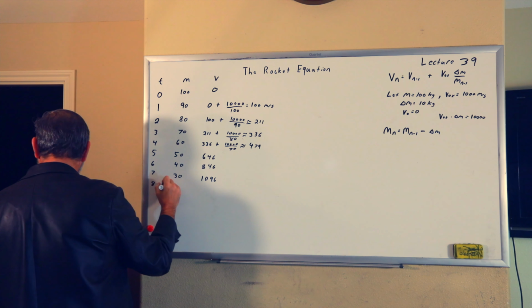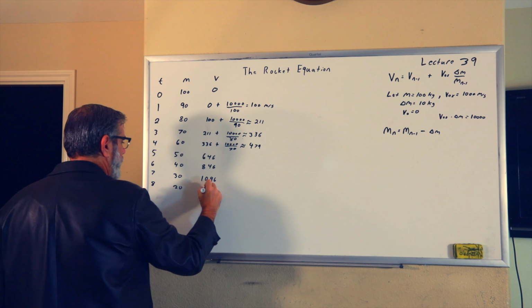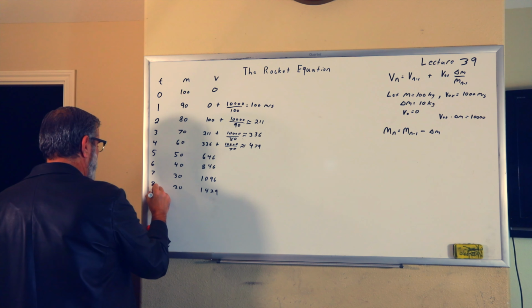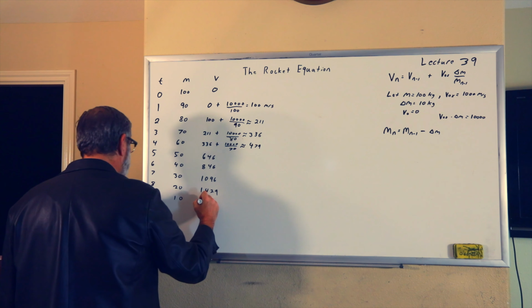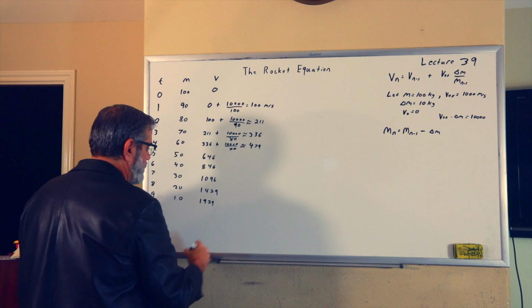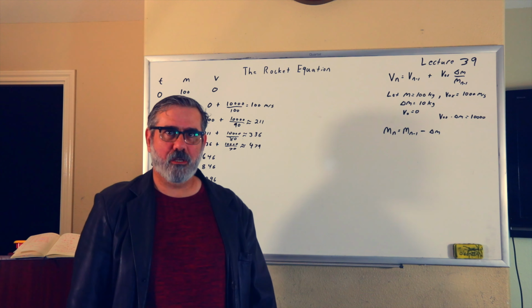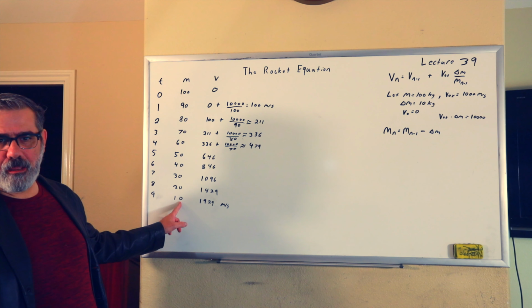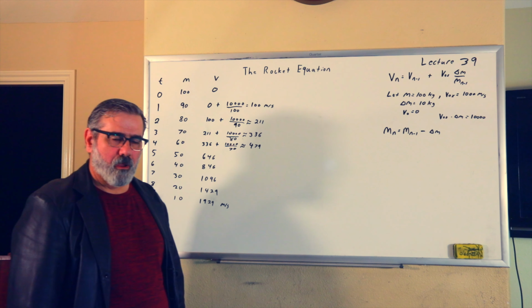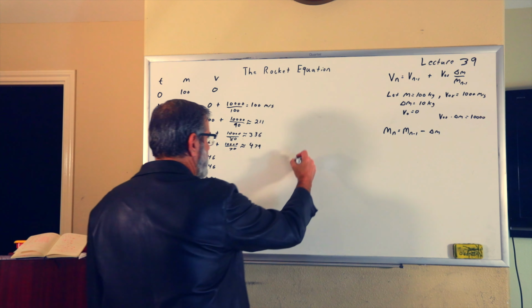In the eighth time step, a mass of 20 and a speed of 1,429 meters per second. And in the ninth time step, a mass of 10 kilograms and a speed of 1,929 meters per second. Now, I'm going to assume that our rocket ship was a 10% payload rocket, and so we're out of fuel. All we have is the 10 kilograms of payload left.